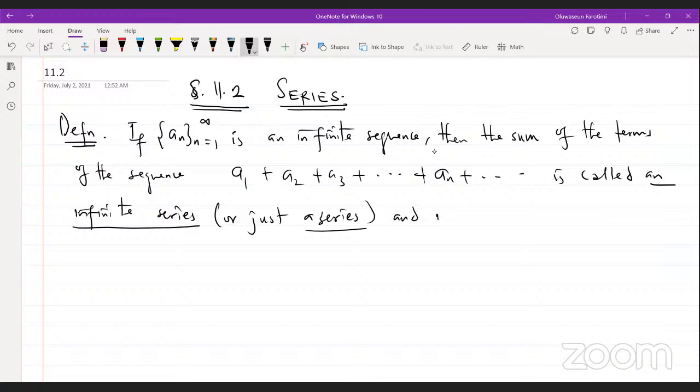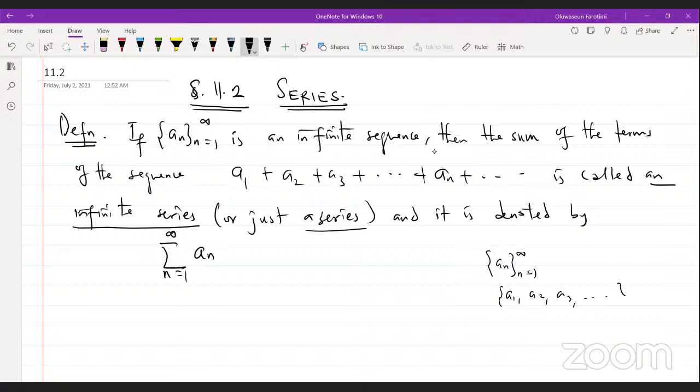And it is denoted by, okay, so now we want to look at the notation. This is the notation, the sum from n equals 1 to infinity of an. We studied sequences in 11.1, and we said this is the list: A1, A2, A3, on and on, right?